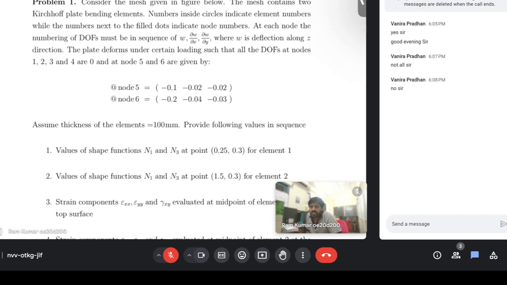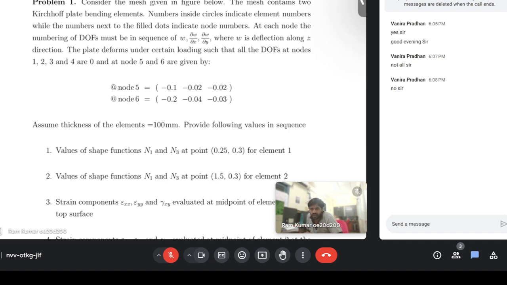The plate deforms under certain loading such that all the degrees of freedom at nodes 1, 2, 3, 4 are 0, and at nodes 5, 6 are given by: at node 5, minus 0.1, minus 0.02, minus 0.02; at node 6, minus 0.2, minus 0.04, minus 0.03. Assume thickness of the element 100 mm. Provide the following values in the sequence.